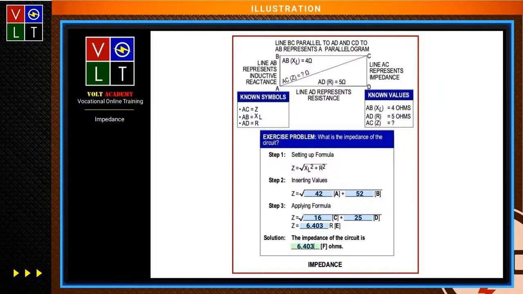Okay, cool. Now, since the resistance does not cause the current to lead or lag the voltage, that means it's 90 degrees ahead of the inductance and 90 degrees behind the capacitance. Therefore, in order to find the impedance, the resistance and reactance must be added vectorially. I was going to say 45-degree angle, but I was going on your illustration.